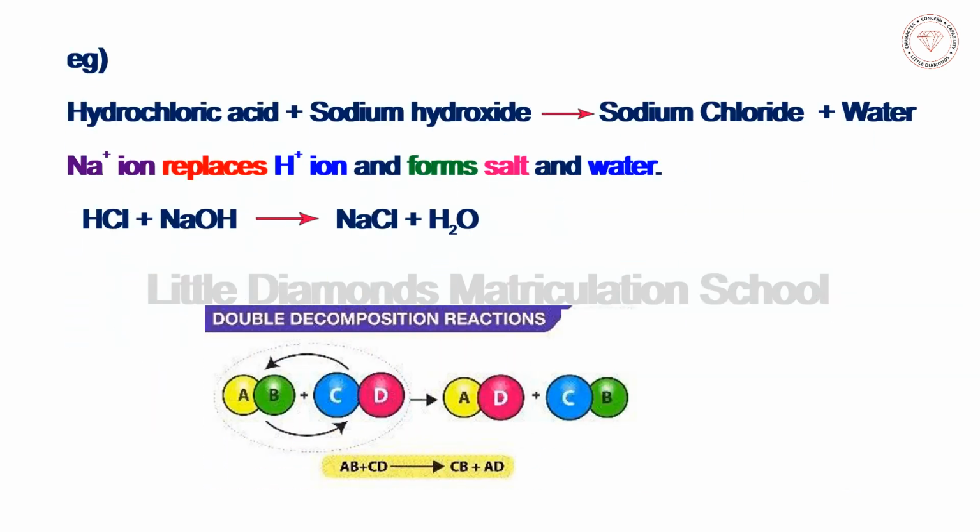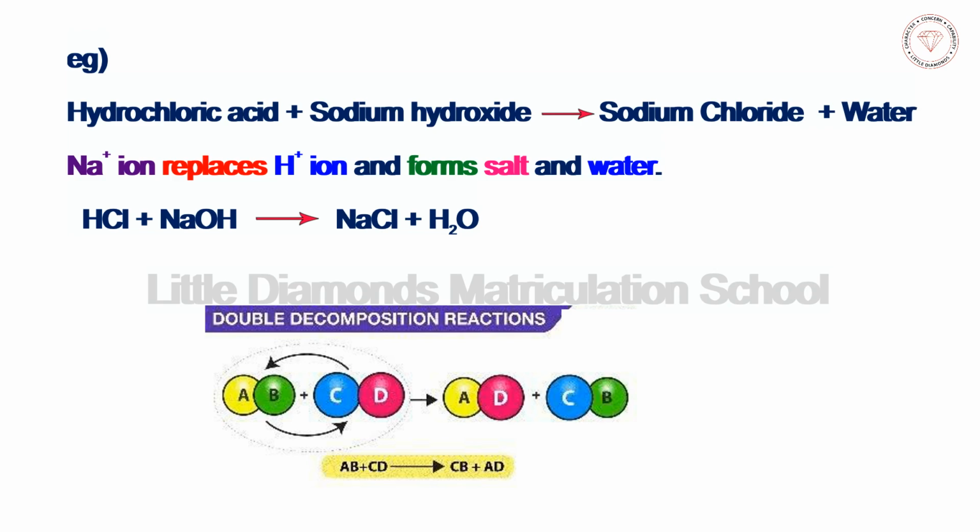For example, in the reaction between hydrochloric acid and sodium hydroxide, the sodium positive ion of sodium hydroxide replaces the hydrogen positive ion of hydrochloric acid and forms the salt sodium chloride, and water is given out. HCl plus NaOH gives NaCl plus water. Here we see that the sodium positive ion is replaced by the hydrogen positive ion.